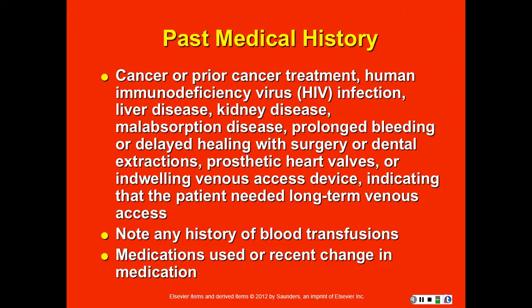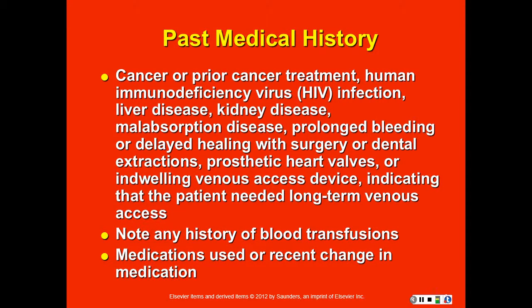We want to know if they have ever had any blood transfusions. And of course, we always want to know what kind of medications they are taking. What are they taking? What have they been taking? Especially in the last 3 to 4 weeks. Has there been any change?